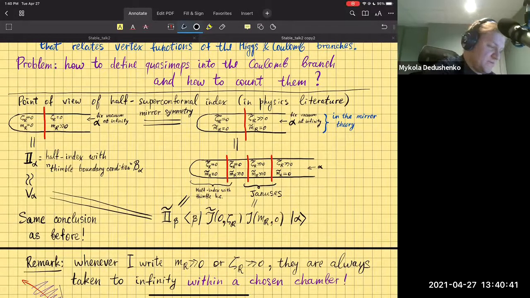So we reach the same conclusion, but in a slightly different way, that this interface relates half indices.